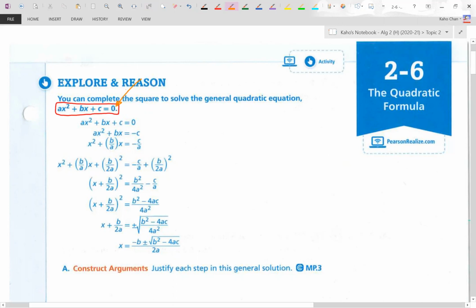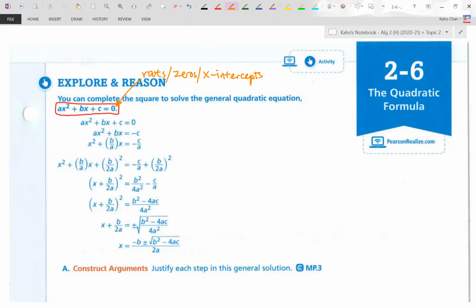Setting it equal to 0, this is where you look for the roots, zeros, literally the x-intercepts of the quadratic equation, which is referring to the parabola.